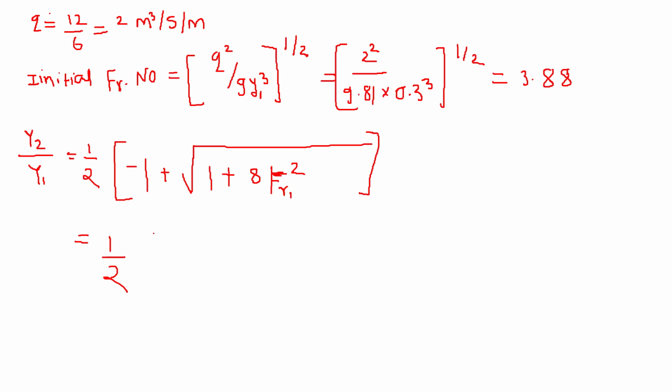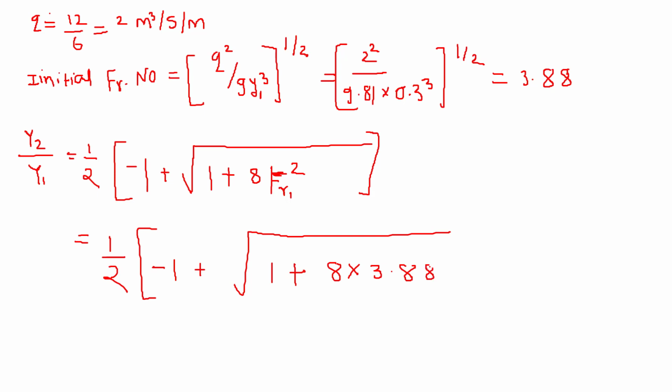Putting the values: 1 by 2 into minus 1 plus under root 1 plus 8 into Fr1, which is 3.88, squared, bracket close. So this will come out to be 5.018.